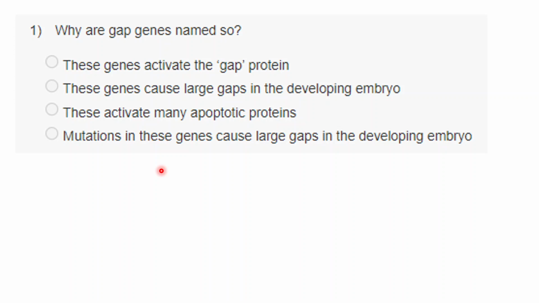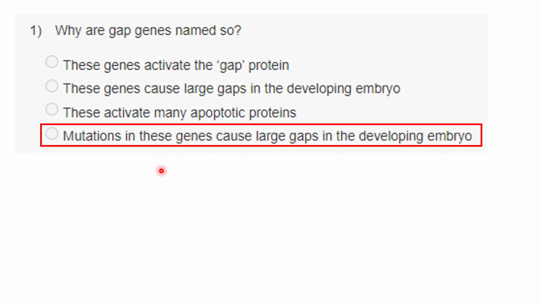Now let me reveal the correct answer. You are absolutely correct, Simontini. D is the correct answer. Gap genes are named so because mutations in such genes cause large gaps in the developing embryo. Let me give you a fun story behind it. In the era of Drosophila genetics, these scientists had a funny notion of naming Drosophila genes, but also a scientific viewpoint to that notion.